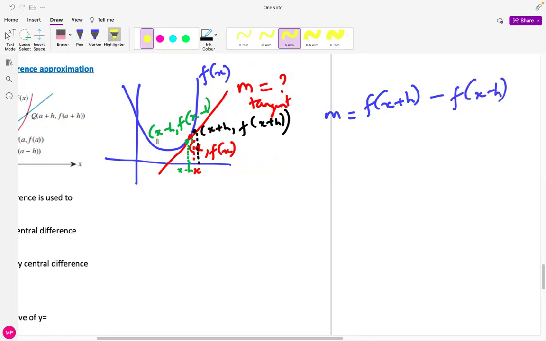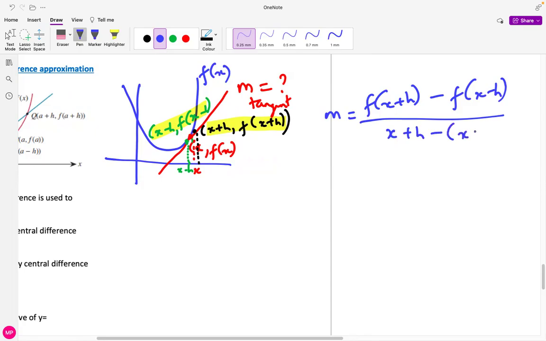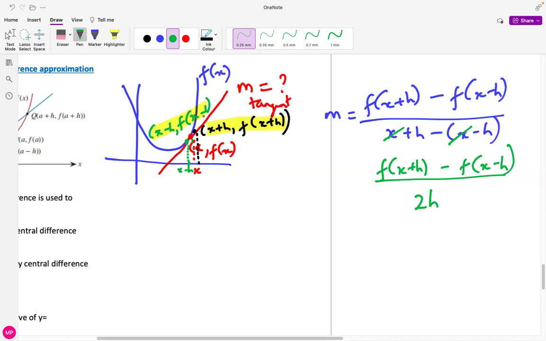I'm talking about the point on the left and the point on the right, over x2 minus x1, so x plus h minus x minus h. What you can see here is x minus x cancels out. H minus negative h, you would have 2h on the bottom. And on the top, you would have f of x plus h minus f of x minus h. So this is the gradient in general concept.